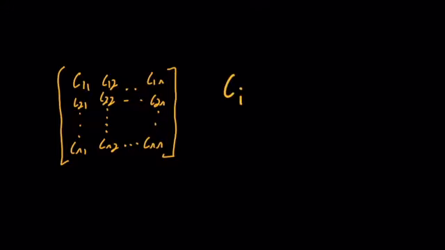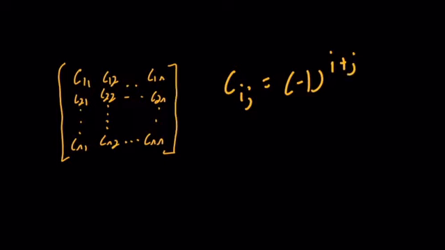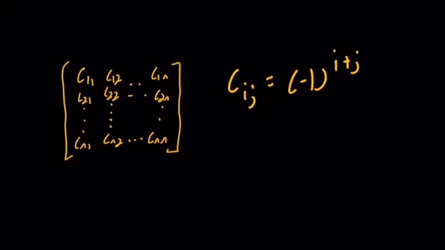the cofactor of a given dimension ends up equaling -1 to the sum of its dimensions i plus j. This matters because the adjoint of the matrix, which is denoted as adj(A), is simply your cofactor matrix, but transposed.